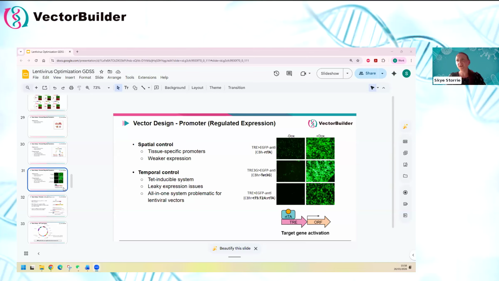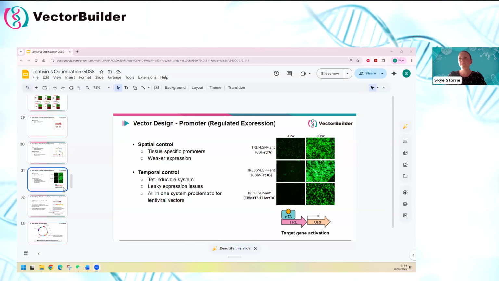Things like RD114 envelope glycoproteins, as well as GALV, I believe, can transduce these kinds of cell types. So play around with the pseudotype of your lentivirus to try and achieve more targeted delivery. And you need to consider things like the promoter that you're using. For these types of cells, you need to stay away from the CMV promoter, because it can be silenced, and use different promoter types.